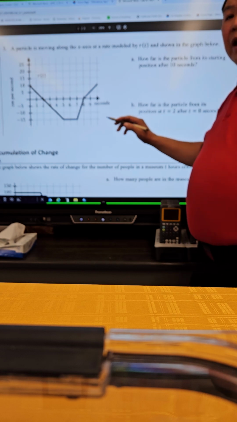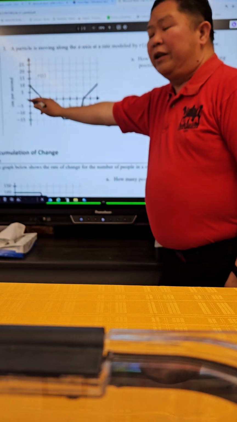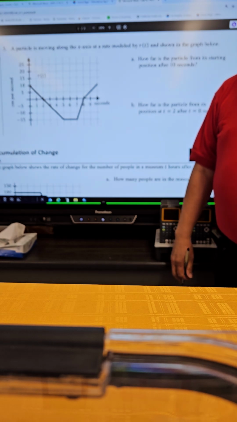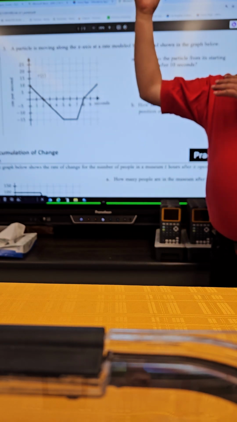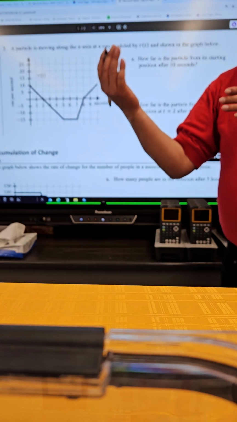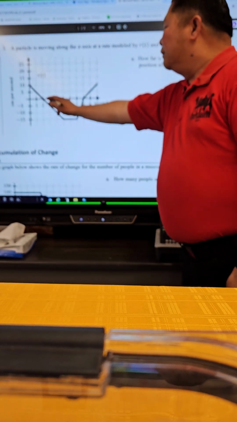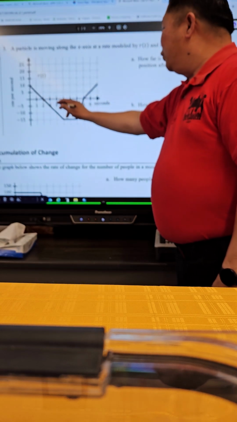After 10 seconds. That means the accumulation right here, from here up to 10, right? Accumulation. Now, do we have area on the left side? What's the first area on the left side? What is that figure? Triangle. Okay. And how about from 2 to 8?